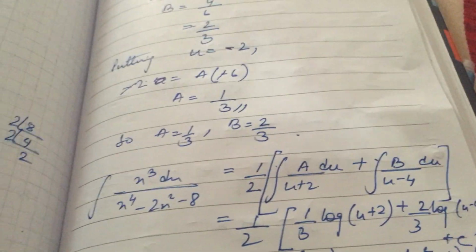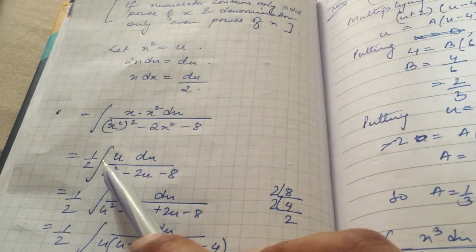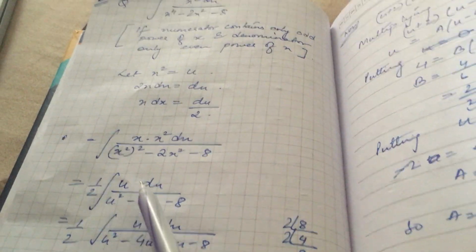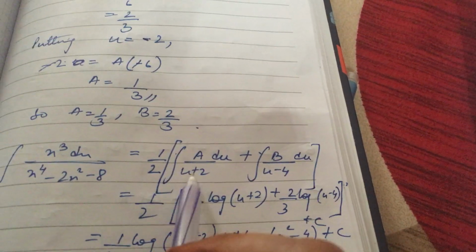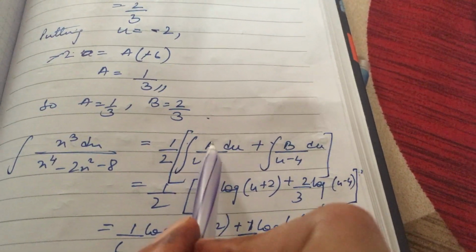So the whole question we got as half u du, this whole expression. So I write half into A by u plus 2 du plus B by u minus 4 du.